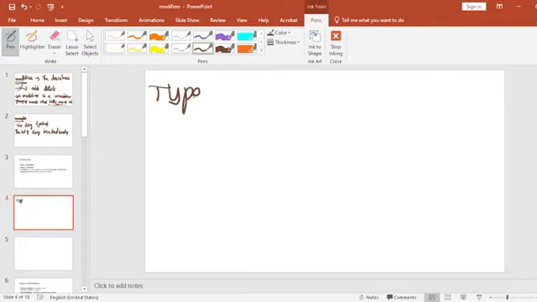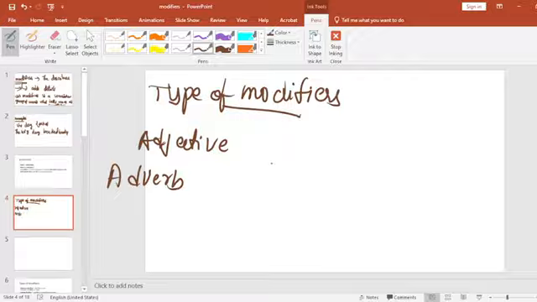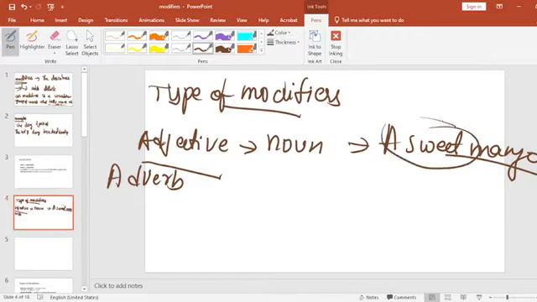Types of modifiers. One is adjective. The other one is adverb. The adjective modifier mostly tells about a noun. Say, for example, a sweet mango. Sweet is what?